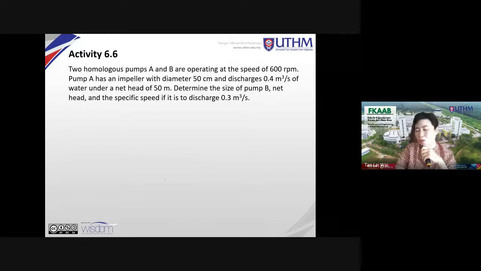Okay, let's look at one activity because I actually don't want to show too much about the similitude law. I'm going in for your activity. It's easier to show how it works.